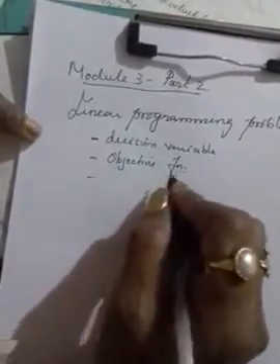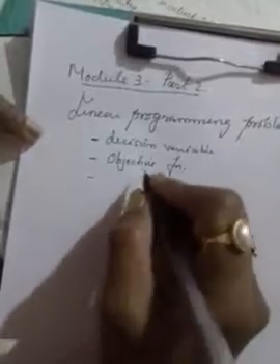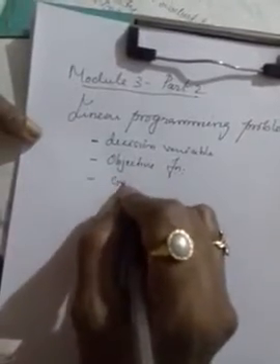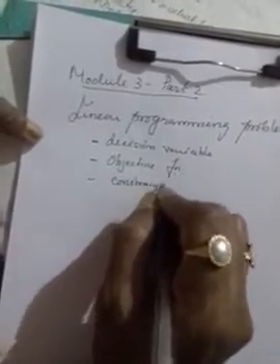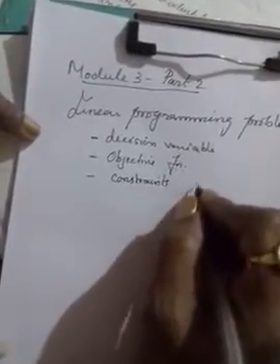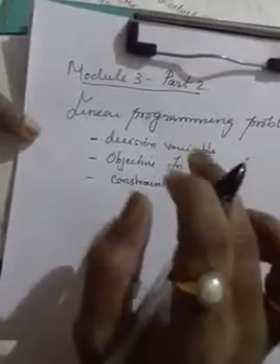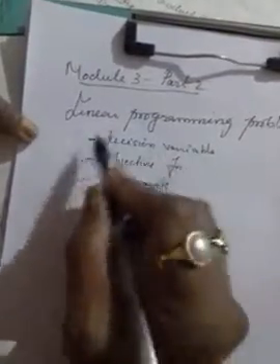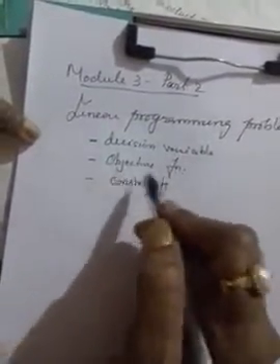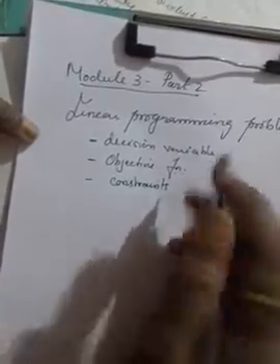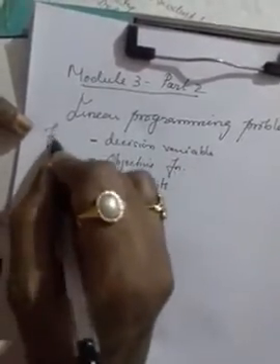So you have to frame the objective function, and then constraints of the resources. So the mathematical expressions which represent the relationship between decision variables, objective function and constraints, this is called formulation.